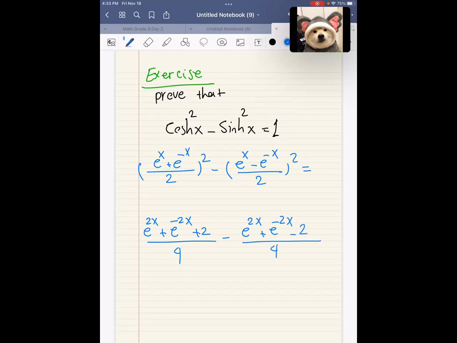So when you subtract, e to the 2x is gone, e to the minus 2x is gone, but you get 2 minus 2 over 4, which is equal to 1. Okay? So that is a typical example for your test. Good.